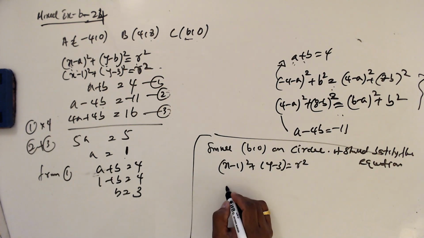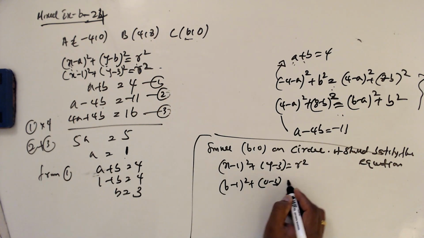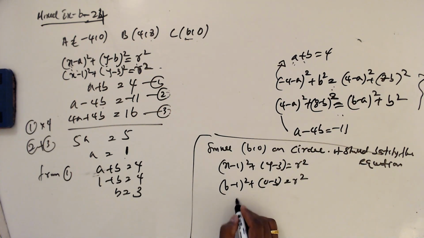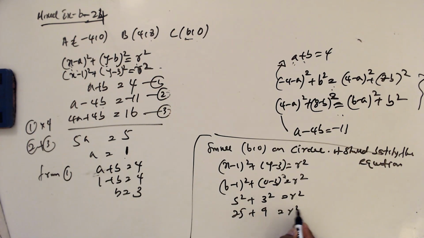So I'll substitute here. x minus 1 squared plus y minus 3 squared equals r squared, which is 0 minus 3 squared. This is 5 squared, and this is 3 squared, so r squared is 25 plus 9, which is 34.